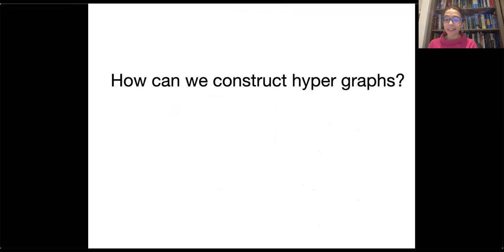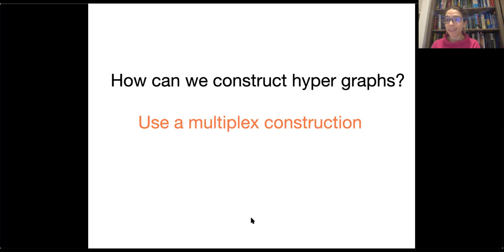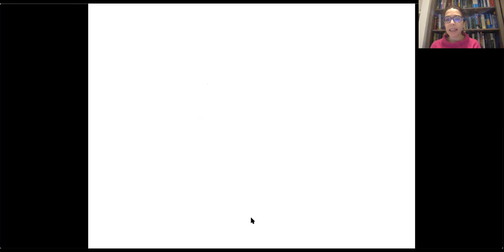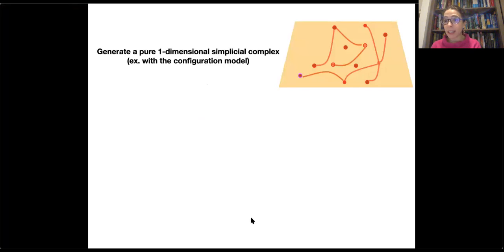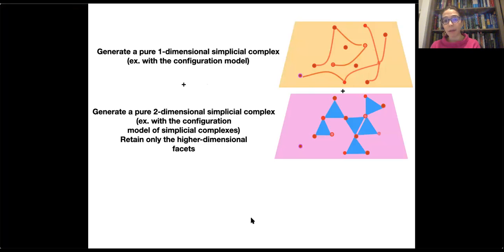So finally, final remarks. We have constructed a pure simplicial complex. How can we construct a hypergraph like that? The easy solution is to use a multiplex construction. We can start with a pure one-dimensional simplicial complex, so a network, for instance generated with the configuration model, in one layer. Then we can generate a pure two-dimensional simplicial complex in which we retain only the facets of higher dimension, only the triangles, for instance.